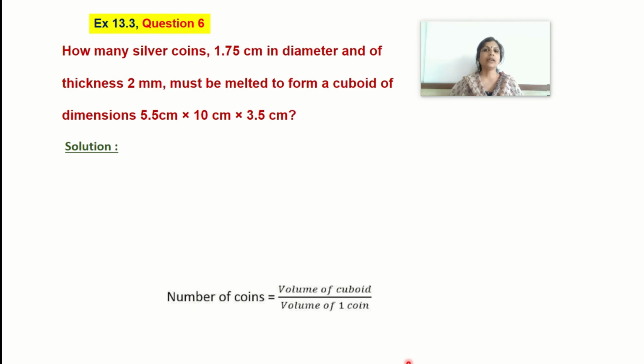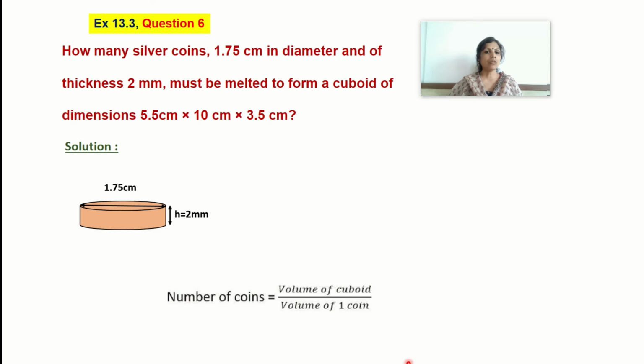So let's try drawing the solid figures first. A coin with diameter 1.75 centimeter, thickness is also given to us as 2 mm, and thickness is the height of the coin, that is 2 mm.